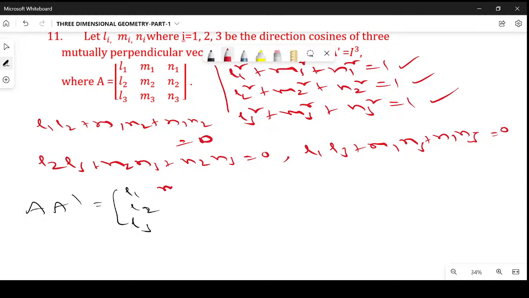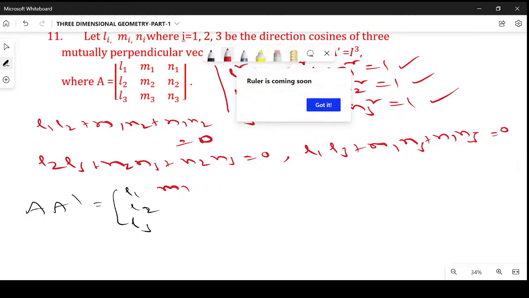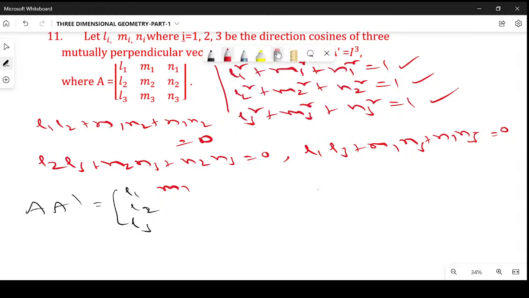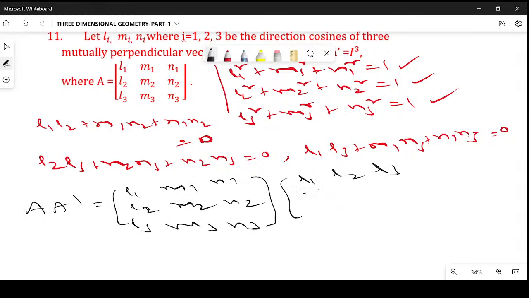The transpose of this: change rows into columns. You will get L1 L2 L3, M1 M2 M3, N1 N2 N3. Multiply A into A transpose.